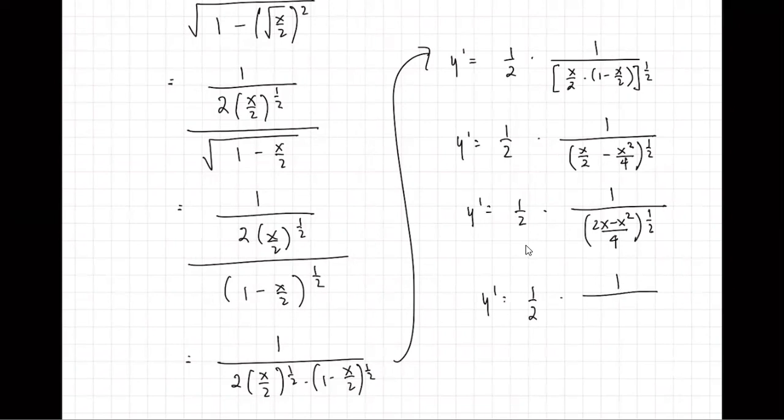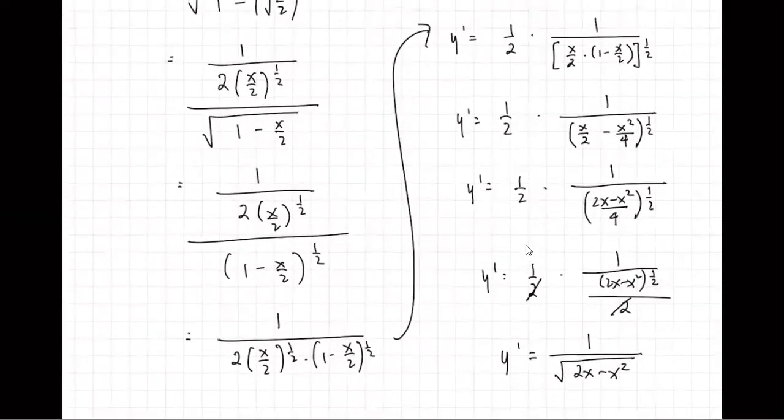So yung taas, retain na siya na 2x minus x squared raised to 1/2 all over 4 raised to 1/2 is 2. Okay? Then ito is pwede siya mag-cancel out. So yung final answer natin will be 1 over, balik natin sa radical sign, square root of 2x minus x squared. Okay? So that will be our final answer.